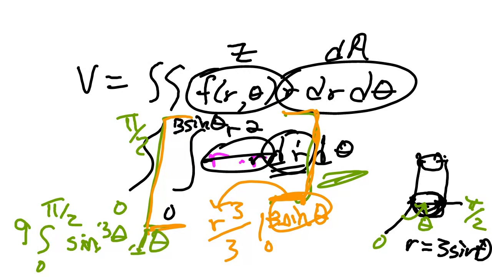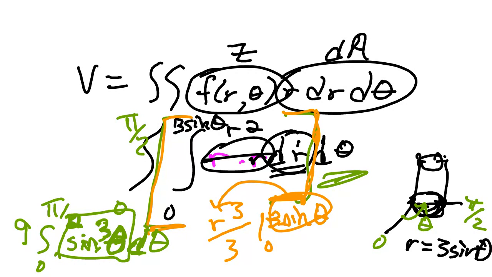Then sine cubed theta d theta. On the ones that I'm going to have you turn in, I'm trying to make your life easy and not have all these trig integrals. We spent a lot of time doing trig integrals back in Calc 2, and if you're like me, that wasn't a whole lot of fun. You need to go back, look it up, remember the process.